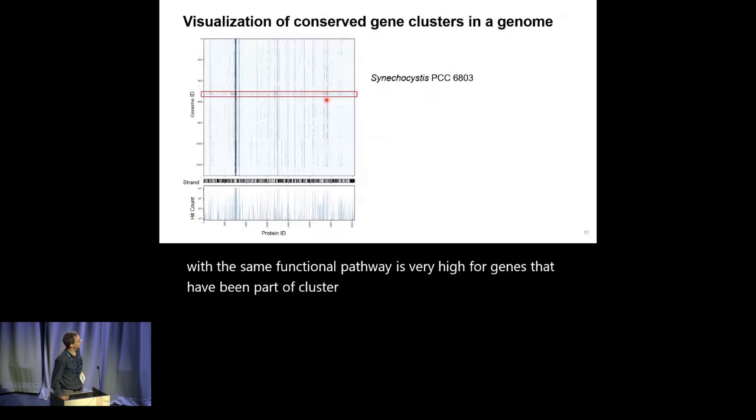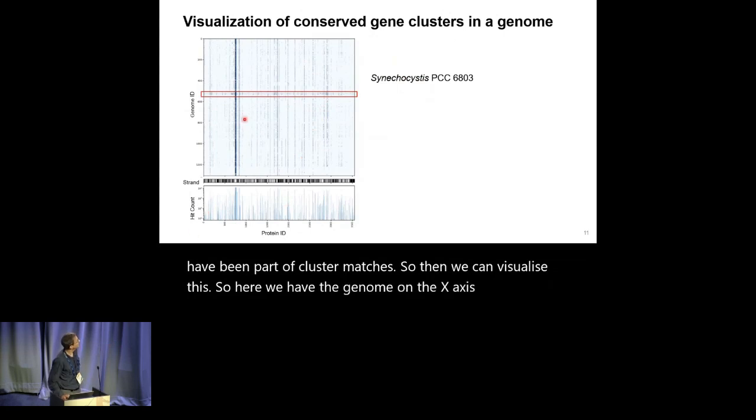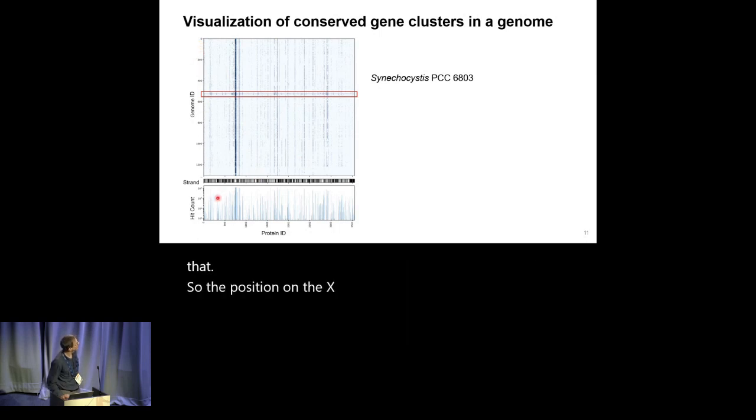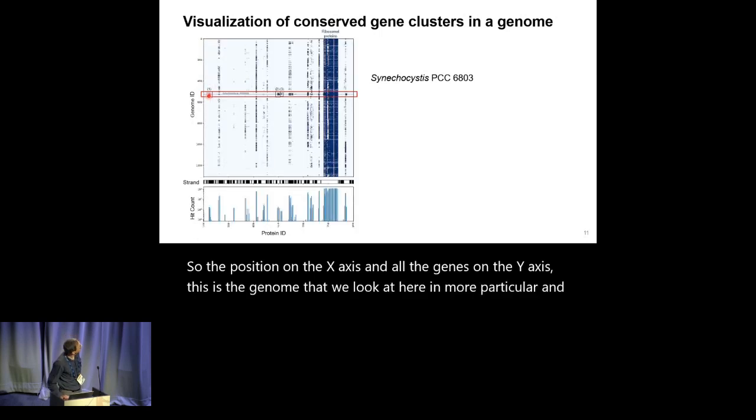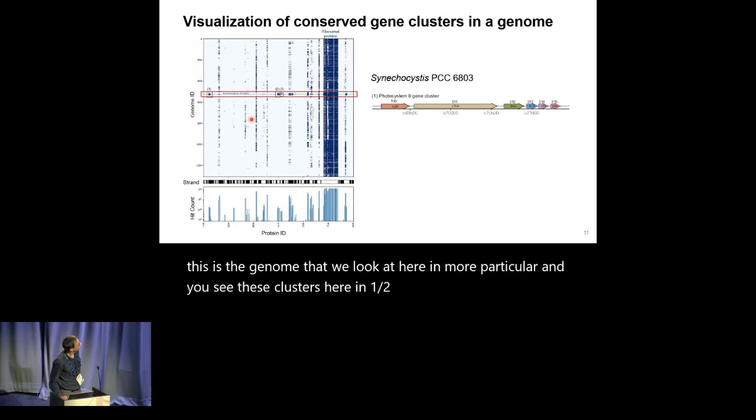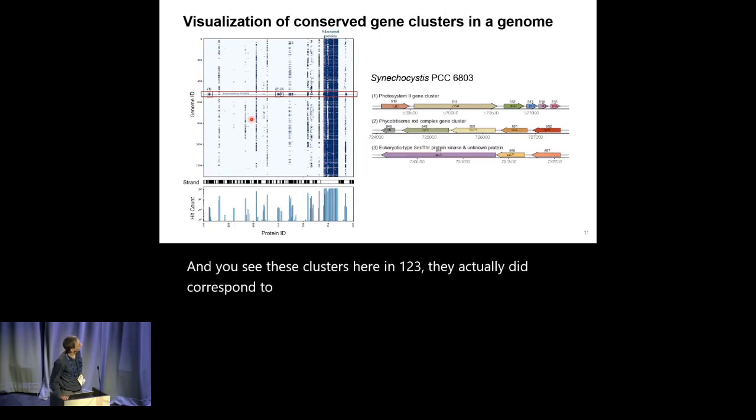So then we can visualize this. Here we have the genome on the x-axis, the position on the x-axis, and all the genes on the y-axis. This is the genome that we look at here in particular, and you see these clusters here, 1, 2, 3. They actually correspond to conserved clusters. Some of them are known, but some of them are unknown.